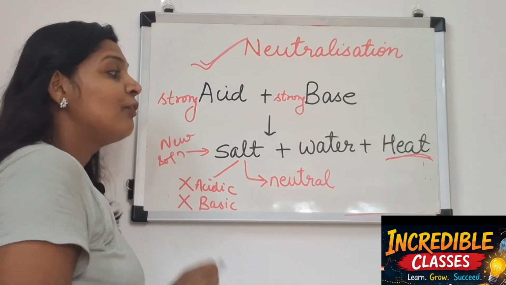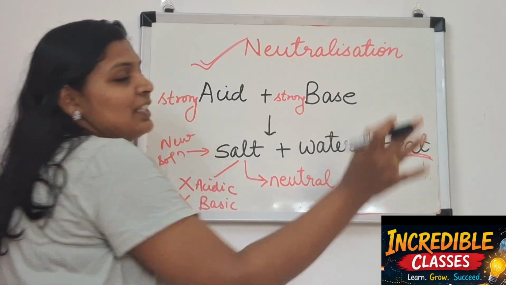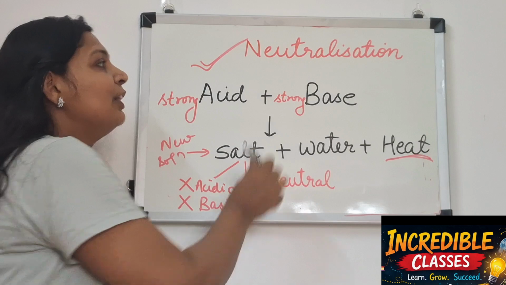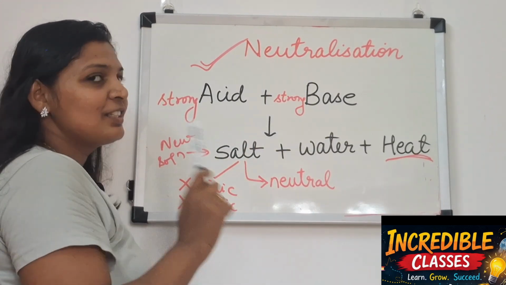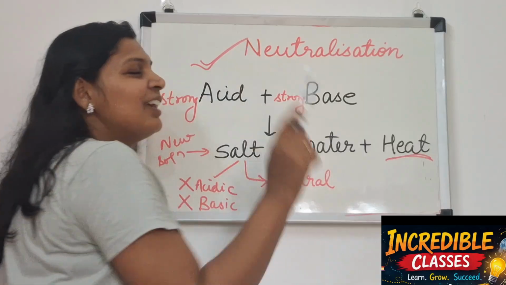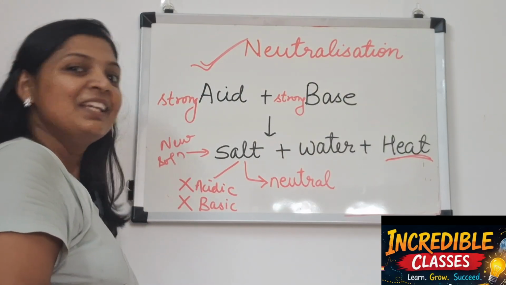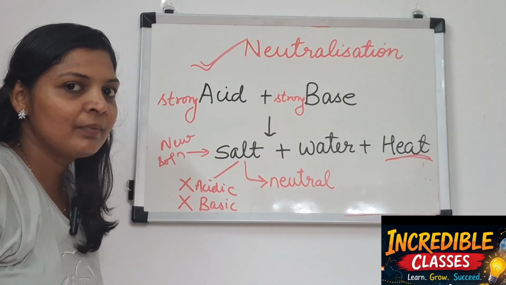Along with salt we get water with the evolution of heat. This whole process is called neutralization. Repeat after me. This whole process is called neutralization. Clear? Clear with this neutralization topic?